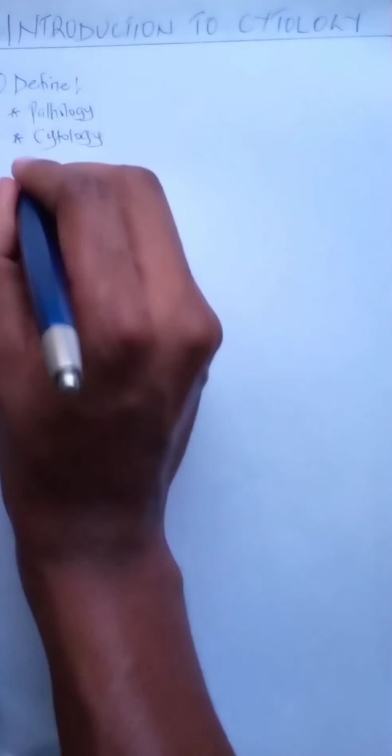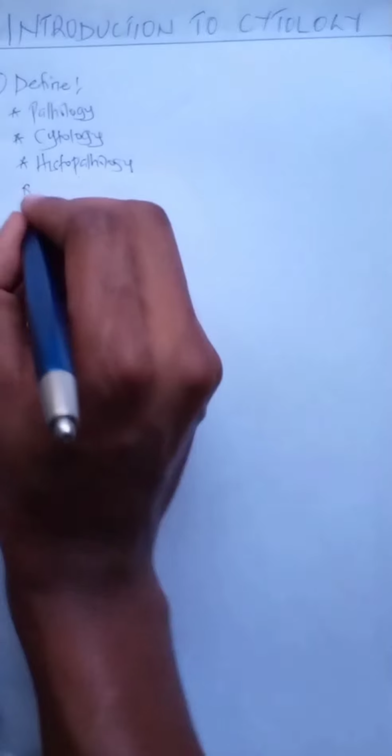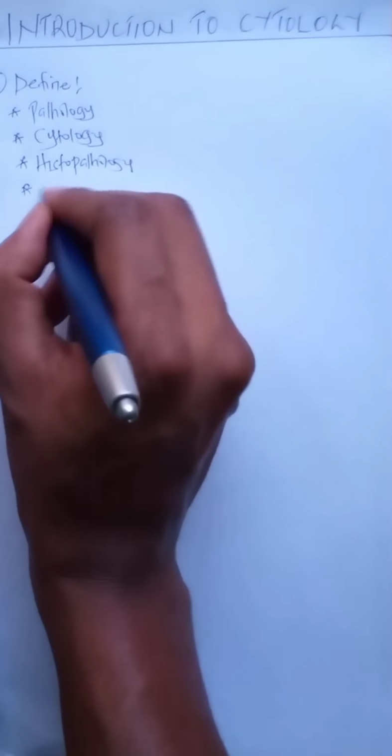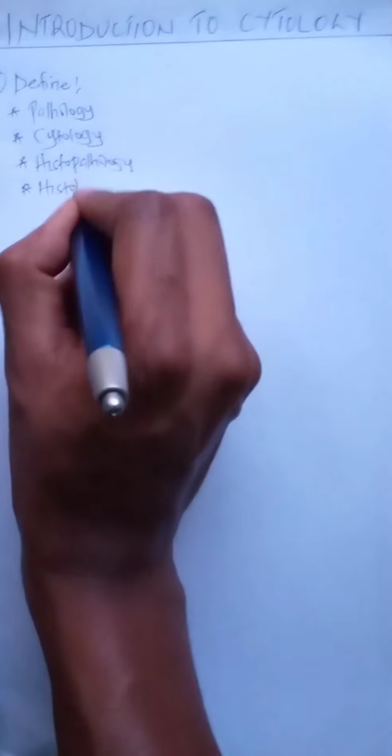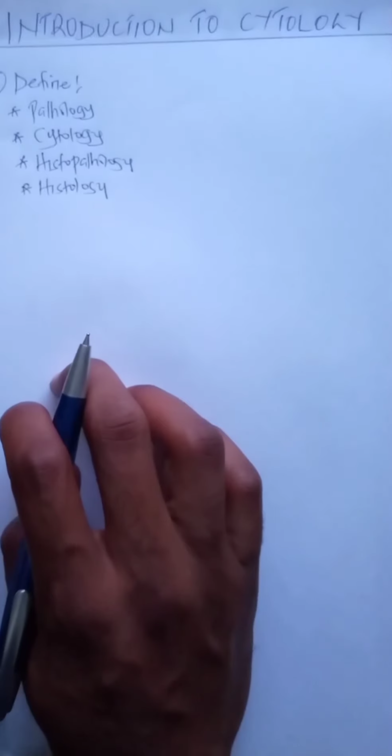One, you should be able to define the following terminologies: one, what pathology is; number two, what is cytology; number three, what is histopathology; number four, what histology is. So to begin with, pathology.